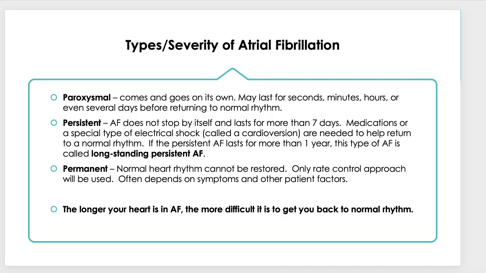There's persistent atrial fibrillation, which does not stop by itself and lasts more than 7 days. Medications or cardioversion are required to return the heart to normal sinus rhythm. If the persistent AFib lasts more than 1 year, this type is called long-standing persistent AFib.